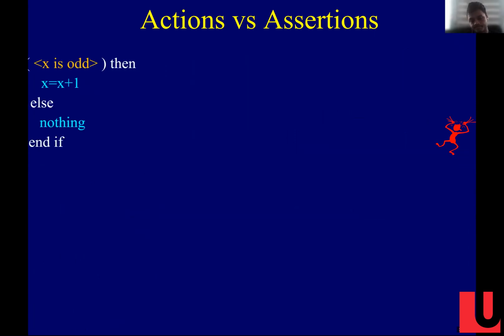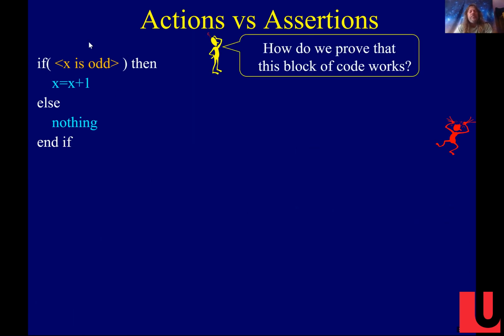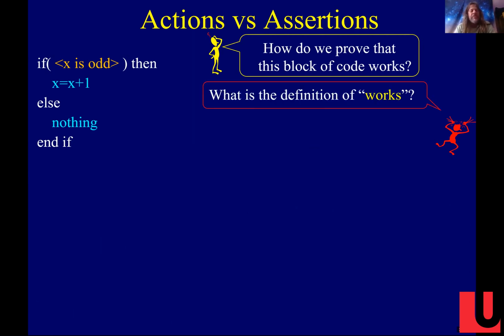All right, let's go on to a sub piece of code. The question is, how can we prove that this sub block of code works? It's hard enough to prove an entire program works. So we're going to narrow it down to proving a block of code works. And of course, we have to know what the definition of work is.